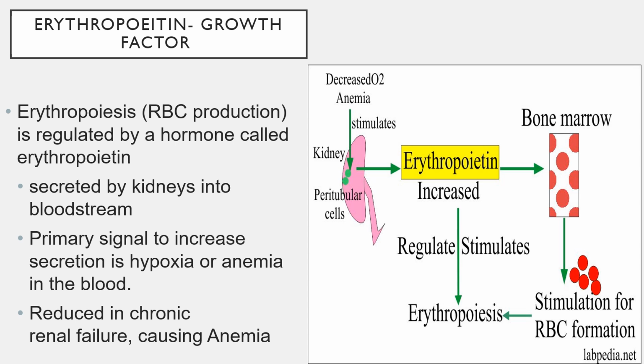If your kidneys are working normally, you still have normal levels of erythropoietin. You have abnormally low levels of erythropoietin when your kidneys are failing, and that's where we use it, chronic renal failure. Okay?